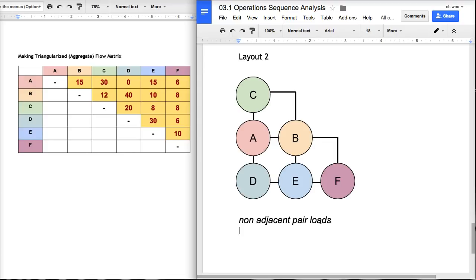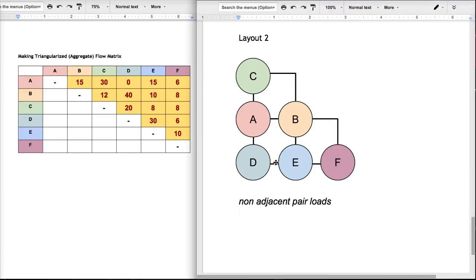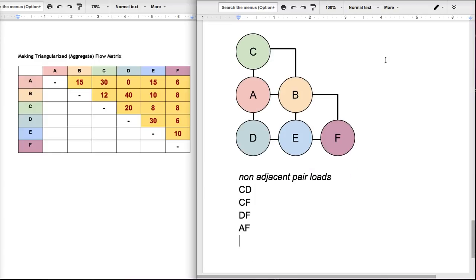Considering this layout, we have to pick out what our non-adjacent pairs are. Again, these are the pairs that are more than one apart. I can see that C and D are a non-adjacent pair, C and F are a non-adjacent pair, D and F are a non-adjacent pair, A and F are a non-adjacent pair, and lastly, C and E are also a non-adjacent pair.